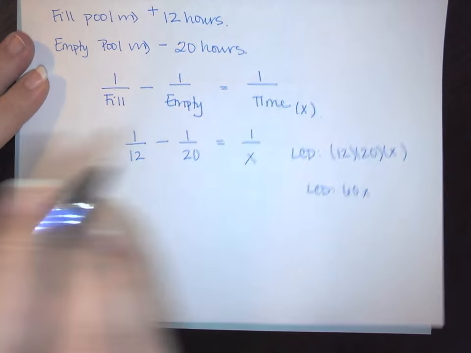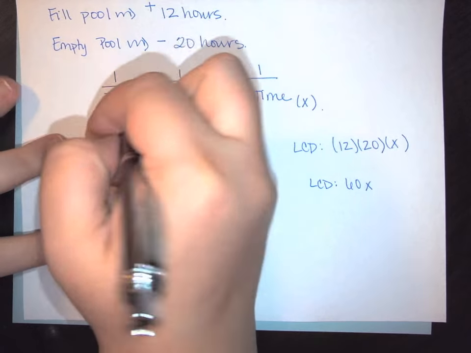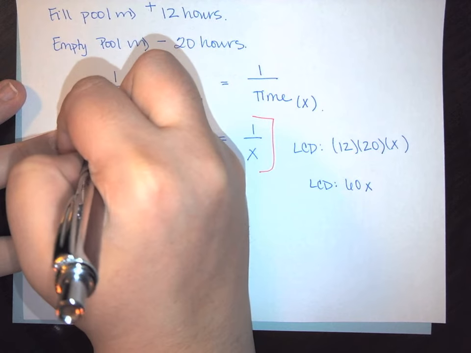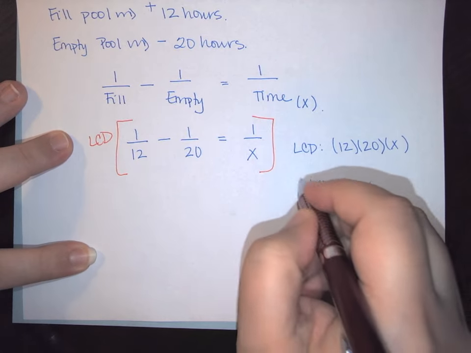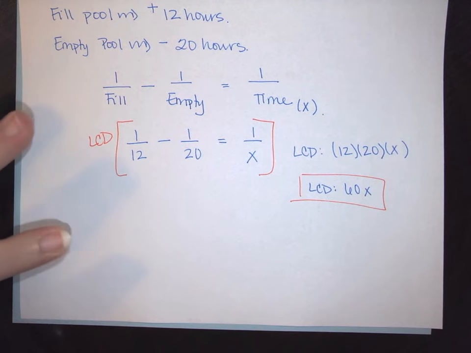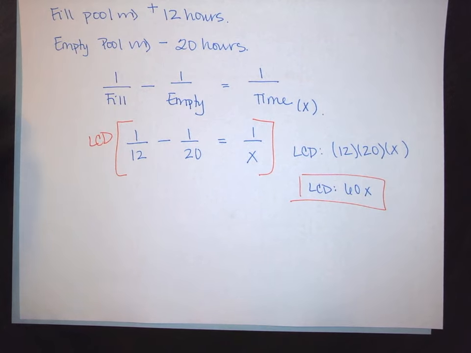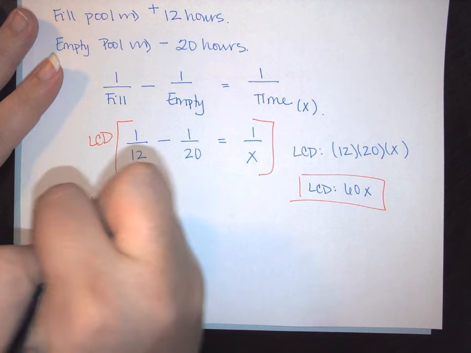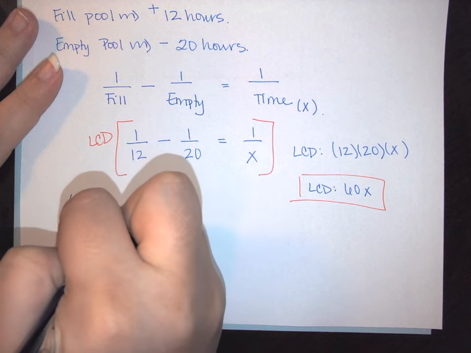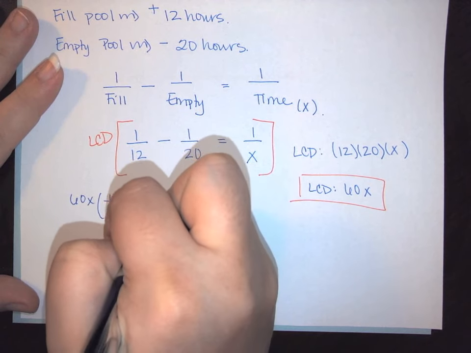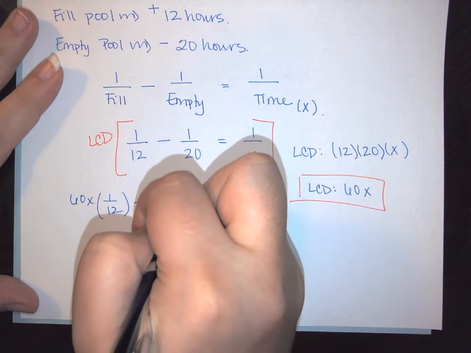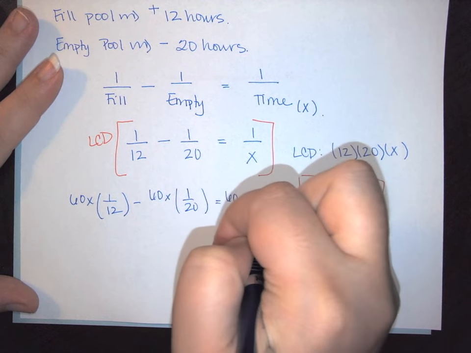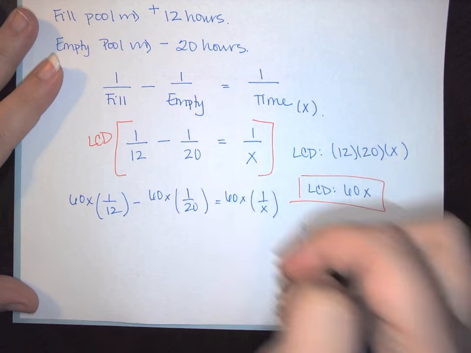So here I am going to again multiply this entire equation by the LCD, and I'm going to use 60x as my LCD. So I have 60x times 1 over 12 minus 60x times 1 over 20 equals 60x times 1 over x.